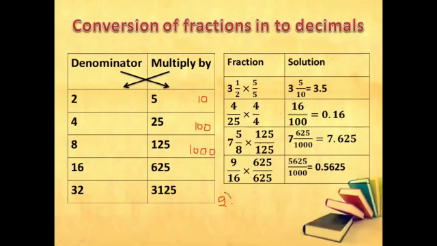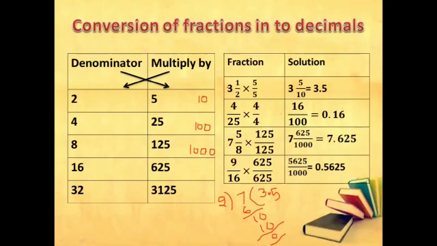Dividing 7 by 2: 2 3s are 6, then 7 minus 3 is 1, putting a decimal point, then 0, 2 5s are 10. Without doing this decimal division, you can check this table very easily and change directly.